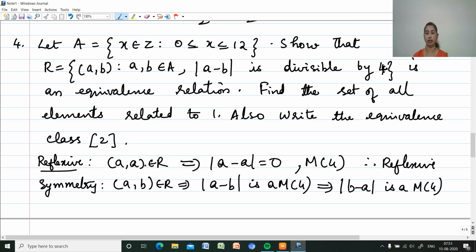Because if 8 is a multiple of 4, minus 8 also is a multiple of 4, whether it is positive or negative. But here modulus means both give the same answer. Therefore this implies (b, a) is also an element of R. Therefore it is symmetric.